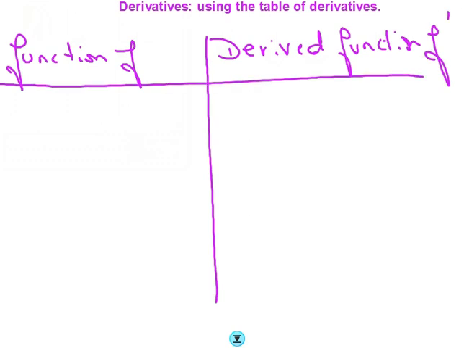Okay, if your function is any constant number, so if f of x equals a, where a is a constant number like 1, 2, 3, pi, radical 3, radical 5, whatever, its derivative is always equal to 0.